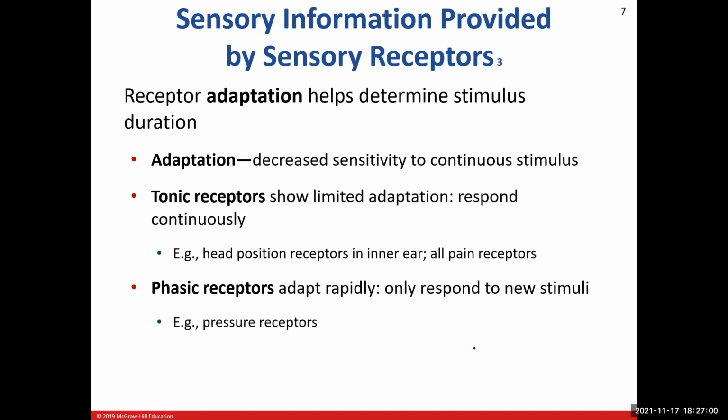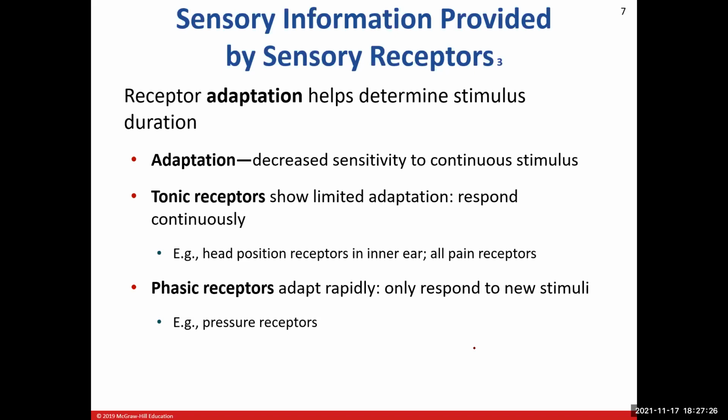So all the pain receptors are going to be tonic receptors. So they are not going to display decreased sensitivity to the pain stimulus, which is good because it could be a life-threatening situation in that the pain is telling you you need to leave wherever you are to get out of that pain stimuli. We see it also with equilibrium.